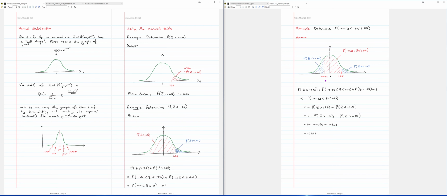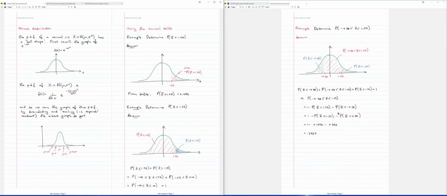So that means that this blue area, which is equal to this probability, this red area, which is the probability that we want to determine, and this blue area, this right tail, add up to 1. So we could solve for what we want. We take both of these, one on this end and one on this end, and move them across to the right hand side, which is what this is over here.